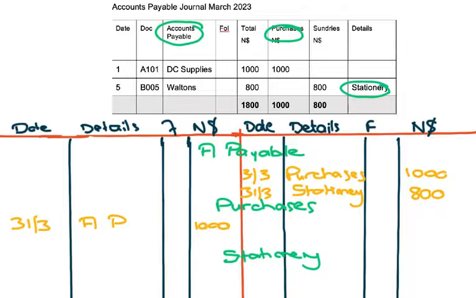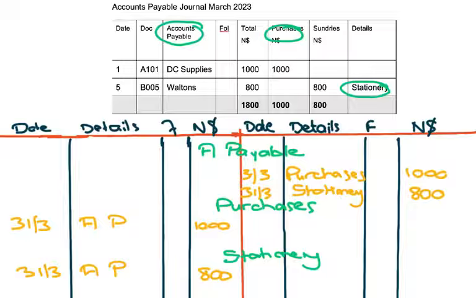Stationery, a form of an expense. I have my amount 800. It's coming from accounts payable, and my date is the 31st. Let's quickly see if we are still in balance. We have on the credit side 1,800. I have on the debit side 1,800.